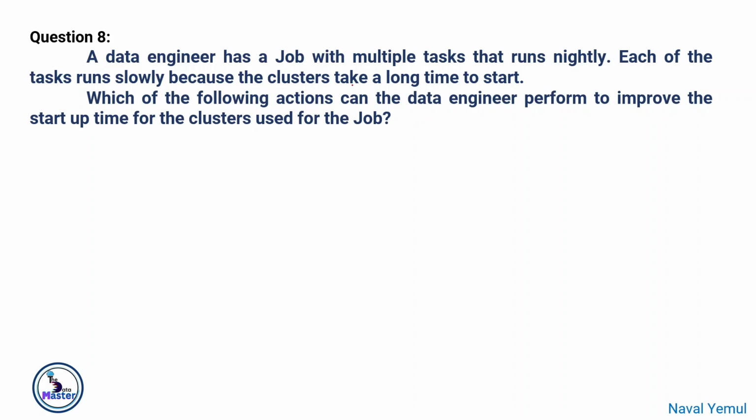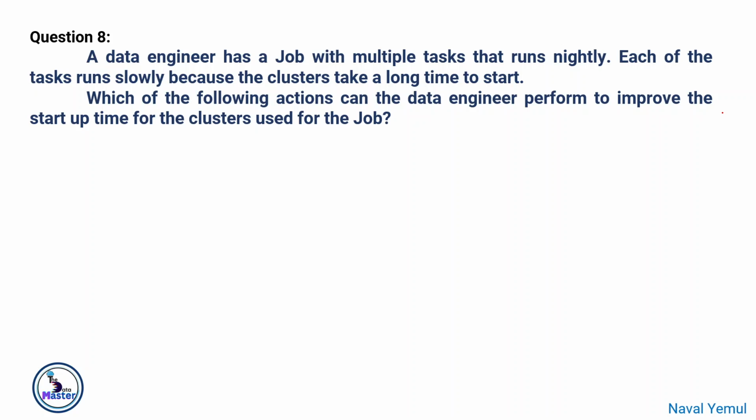A data engineer has a job with multiple tasks that runs nightly. Each of the tasks runs slowly because the cluster takes too long to start. Yes, when you create a job, you will select either an all-purpose cluster or a job cluster. In a production environment, we always prefer using a job cluster only.